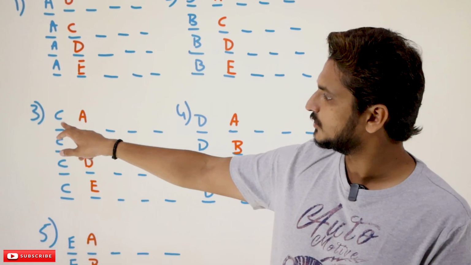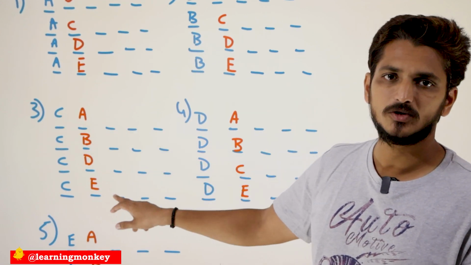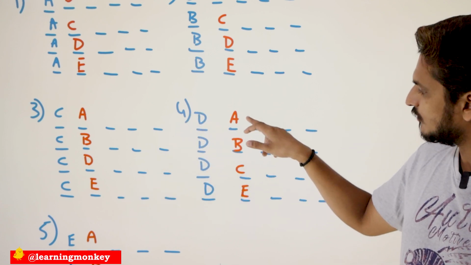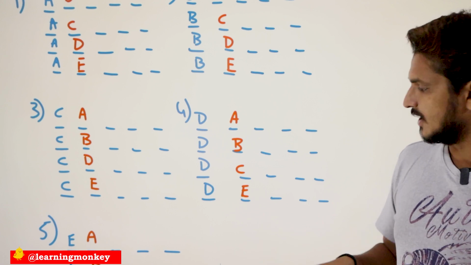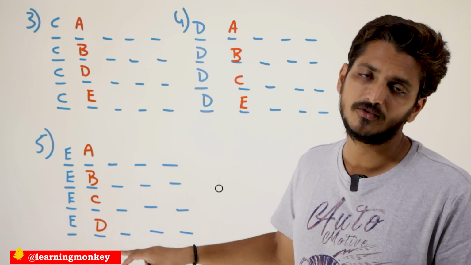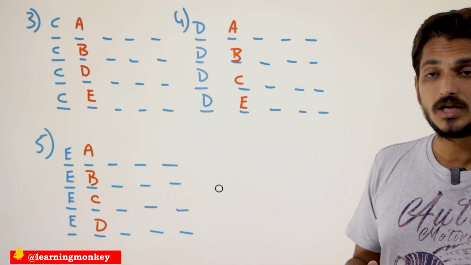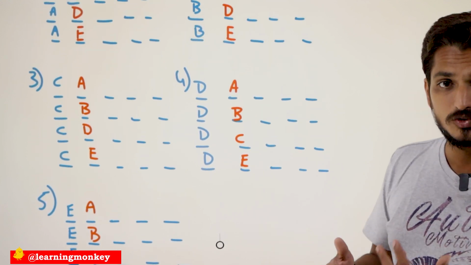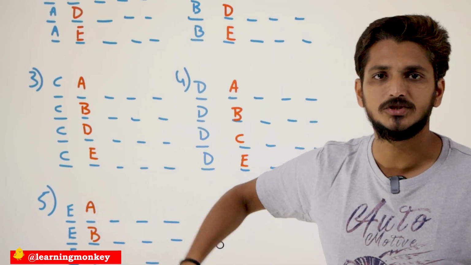Similarly, if you choose the first position with C, 4 possibilities. With D, 4 possibilities. If you fill the first position with E, again 4 different possibilities. So these 20 possibilities are what you have to fill the first 2 positions.